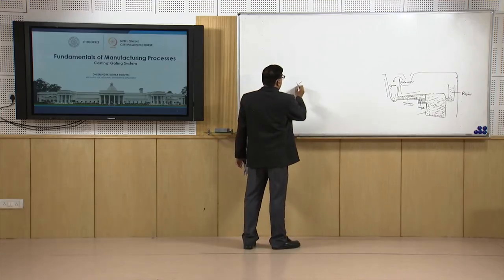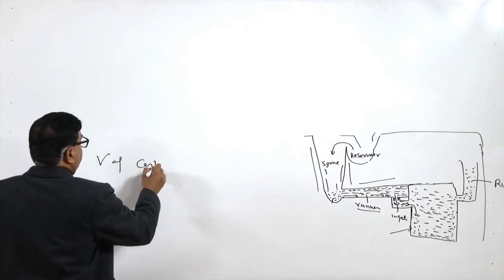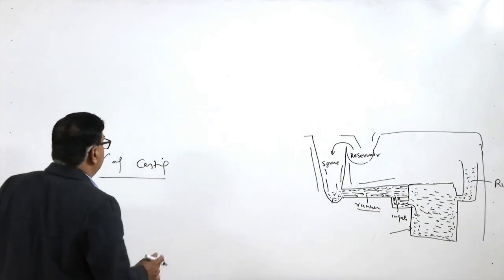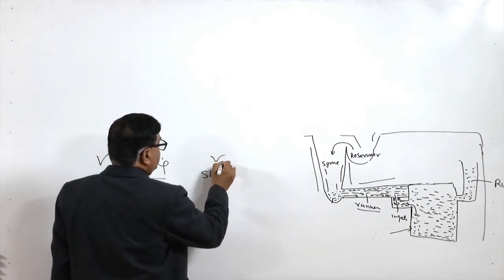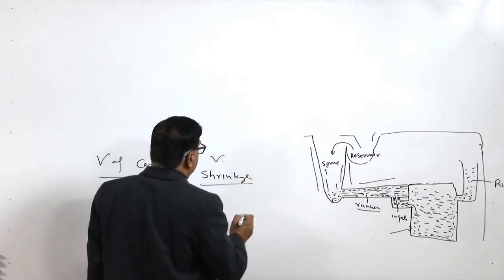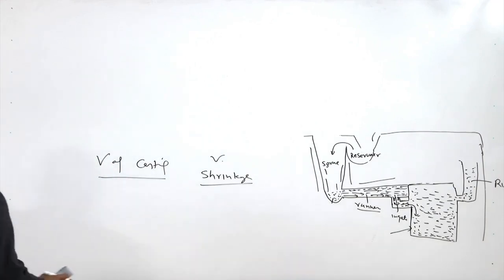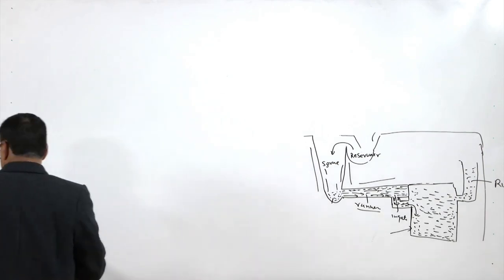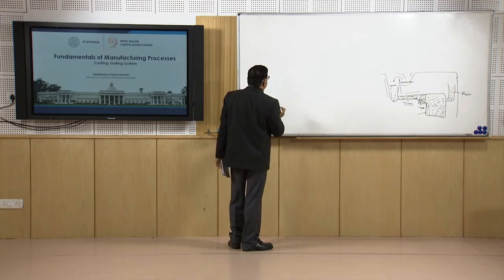So, say the volume of the casting, for that purpose we need to determine, and with respect to the volume we need to consider what is the volumetric shrinkage of the metal on account of the liquid to solid state transformation. For that purpose, we need to consider the metal which is being subjected to casting, means which is being processed by the casting route.